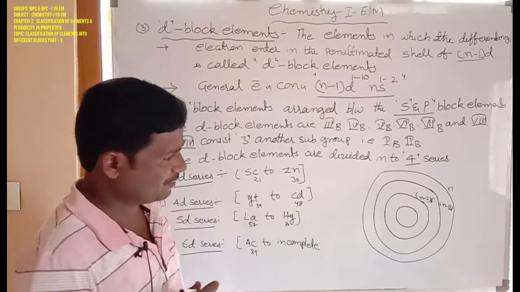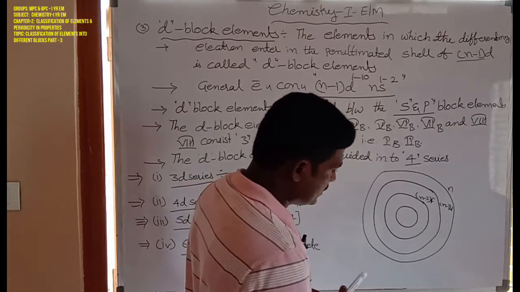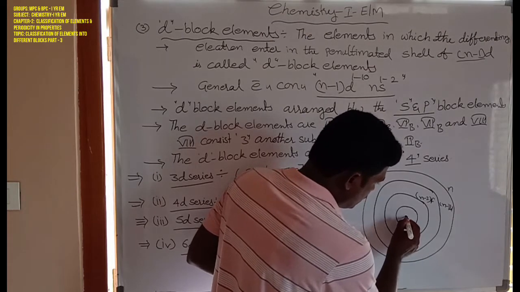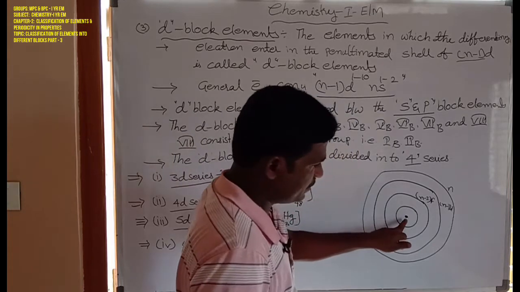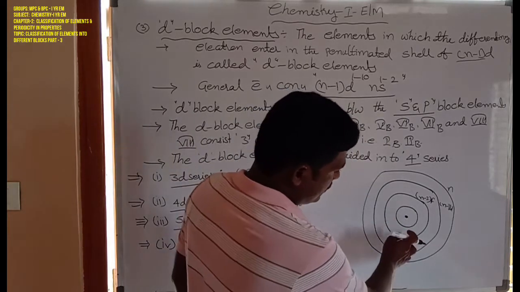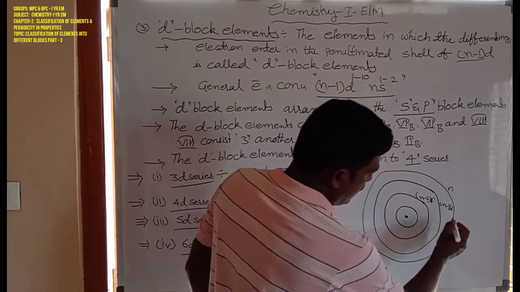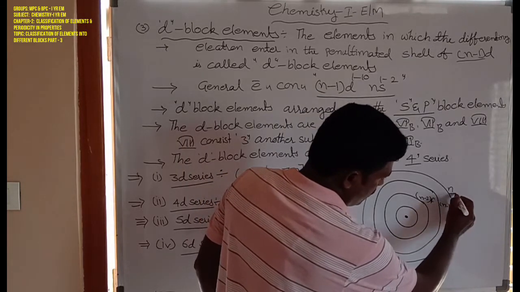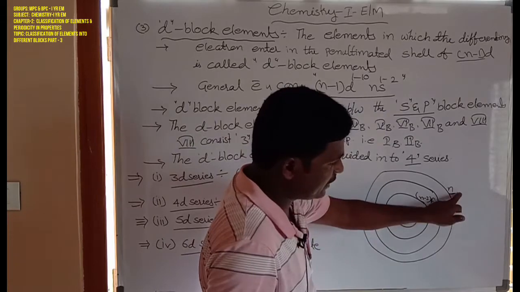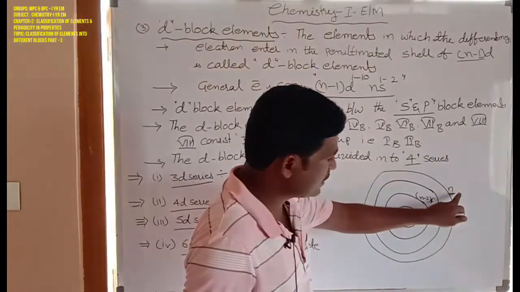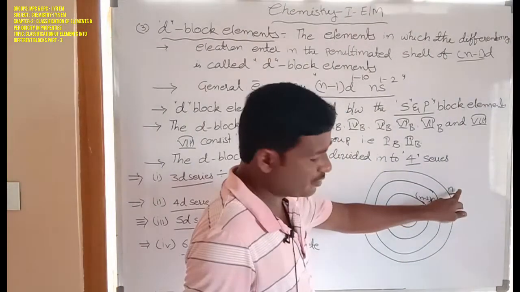Here the first thing is the atom. At the center of the atom is the nucleus, which has a positive nature. Here are the number of shells, and here is the outermost shell, indicated by n. The n is also known as the ultimate shell or outermost shell.